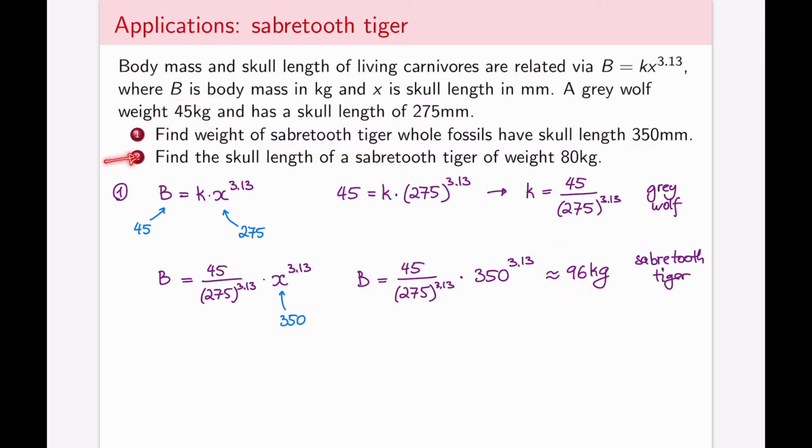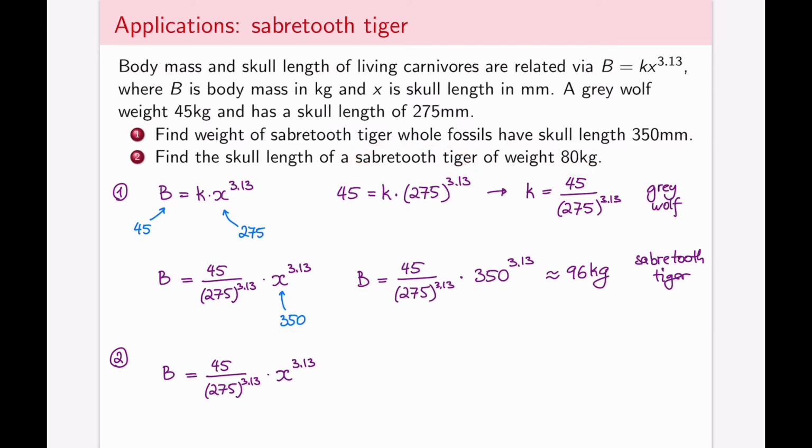Now, for the second part, we're going to do the exact same approach where we start off with our relationship as given. So let's see. I can copy paste this one from right here, and then fit in the information that I'm given. Find the skull length, so x is unknown here, of a saber-toothed tiger of weight 80 kilos.